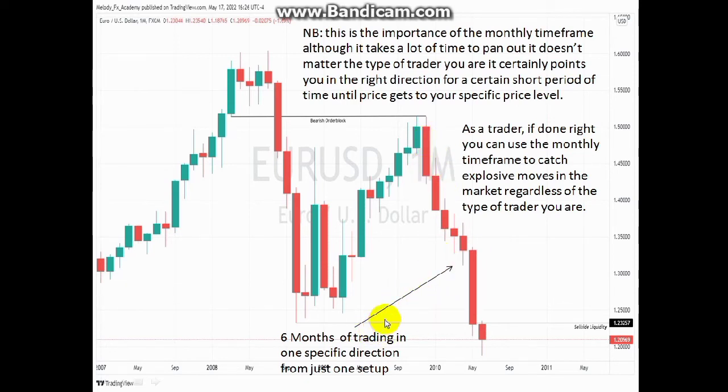So that is how important the monthly time frame is. Although it takes a lot of time to pan out, to play out, to form a single setup, a single setup from it can actually be a huge move.